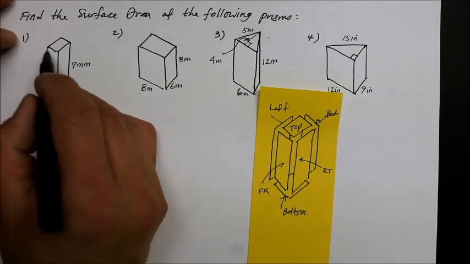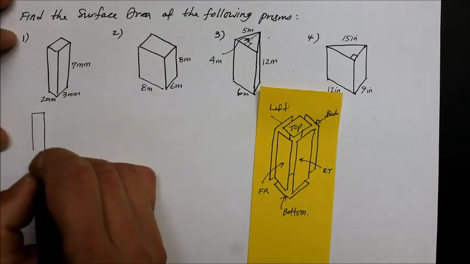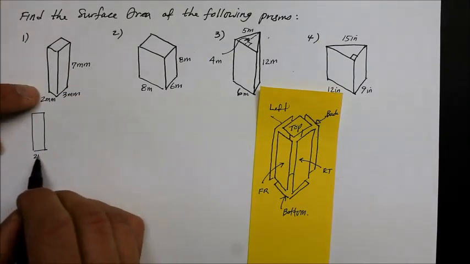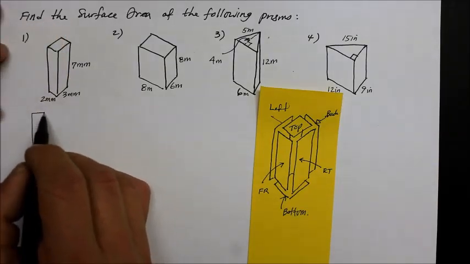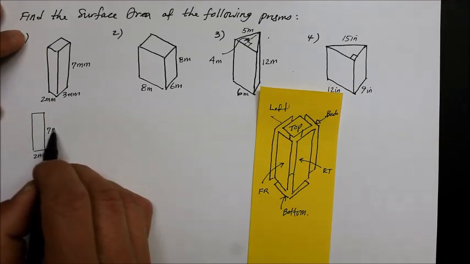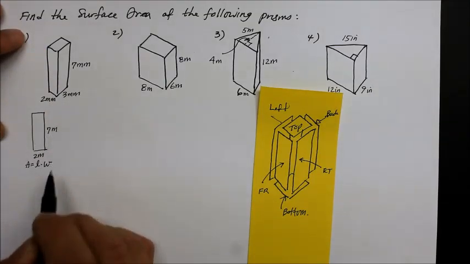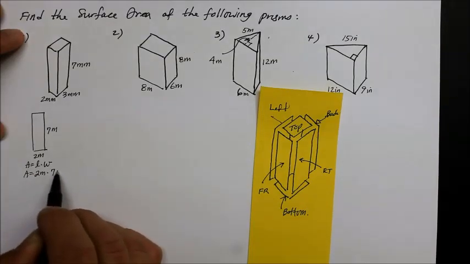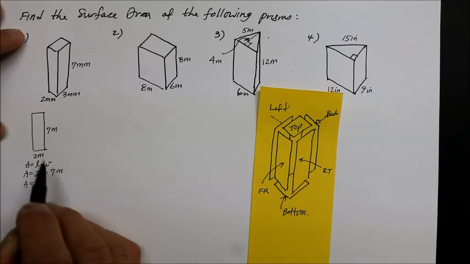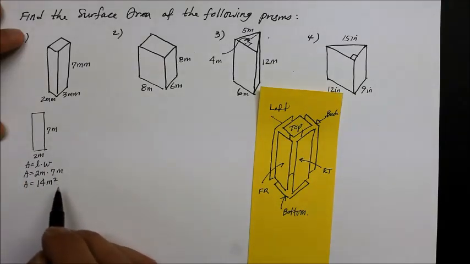If I separate this piece out in two-dimensional form, it's simply 2 millimeters by the height, in this case, 7 millimeters. So the area of that one piece is length times width, 2 meters times 7 meters, so the total area of that one panel is 14 square meters.